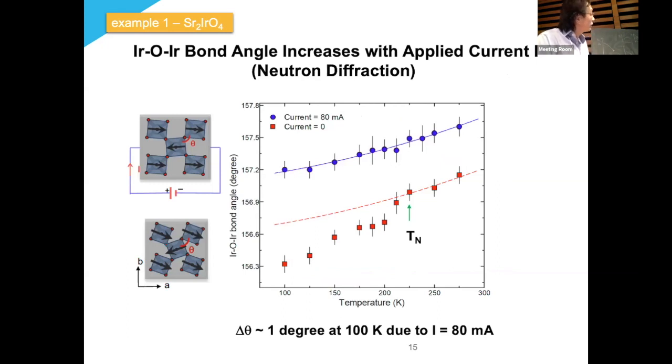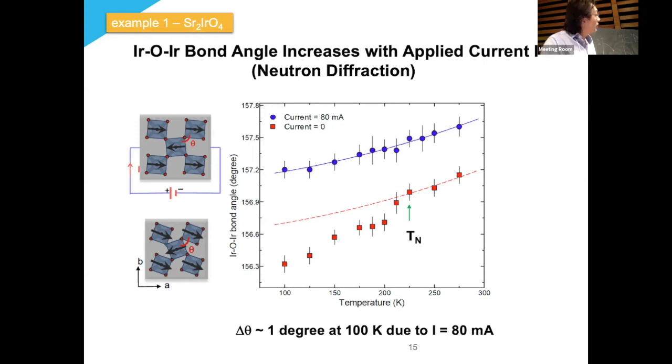As we said earlier, one of the important structural features of this compound is the octahedral rotation about the C-axis by about 12 degrees. An old study indicated that this rotation is very critical to the physical properties, transport properties, magnetic properties, etc. Without current, we see this anomaly near the Néel temperature.